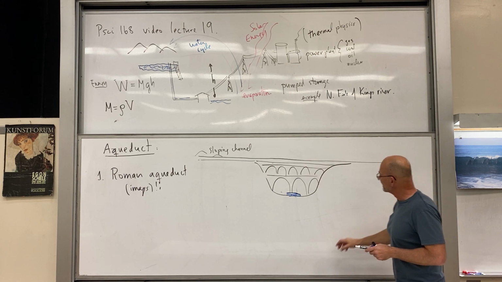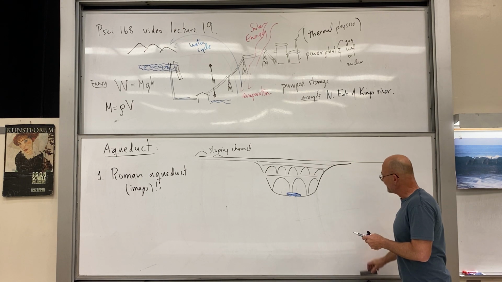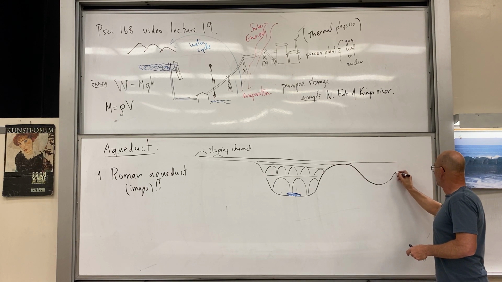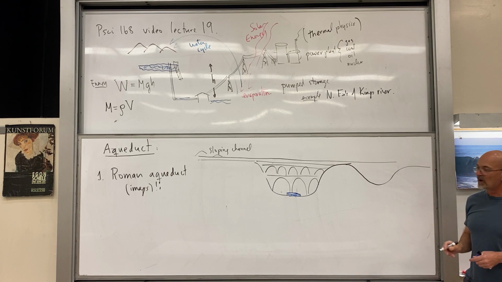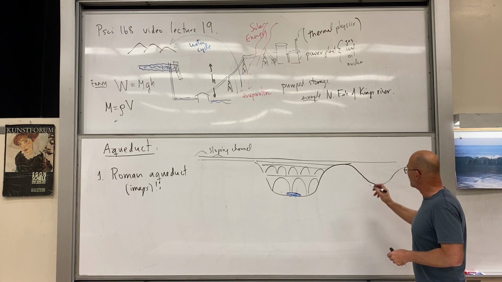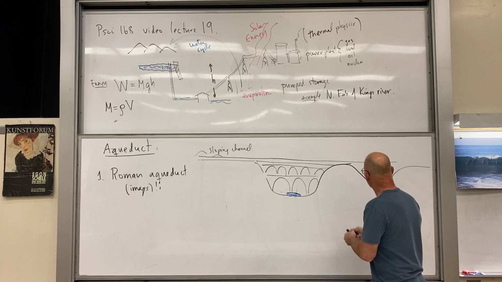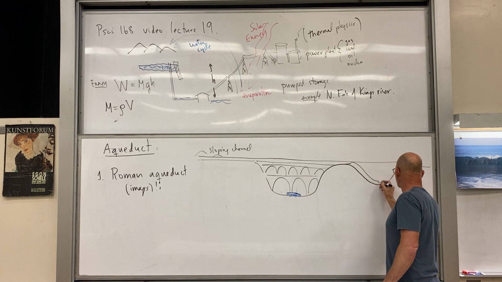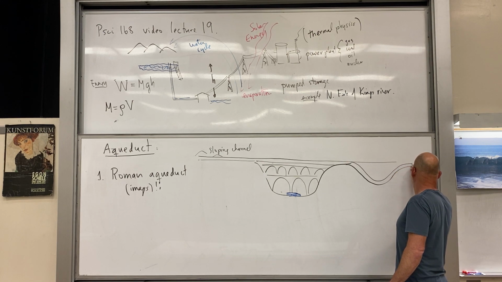There's another thing that I want to mention, and that is if you have a valley that for some reason you don't want to or can't bridge, there's a thing called a siphon, an inverted siphon. So the channel actually goes down as an airtight pipe.